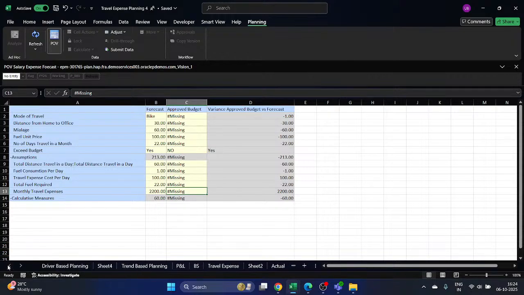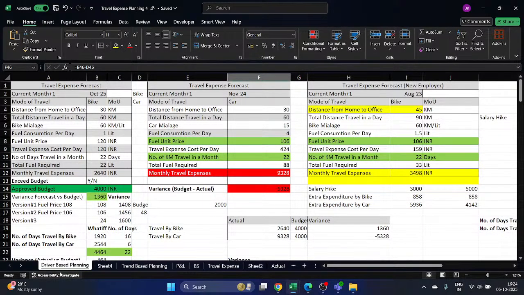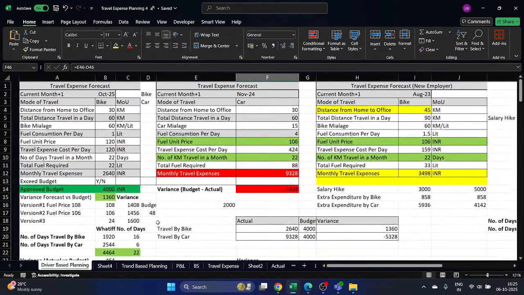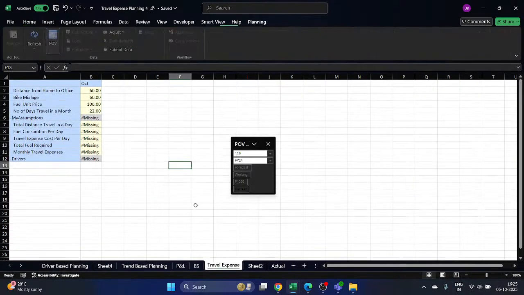Here you can see the same way. This is actually the driver-based planning, in which we have seen how the driver-based, trend-based P&L, balance sheet, and the travel expense formula would work.